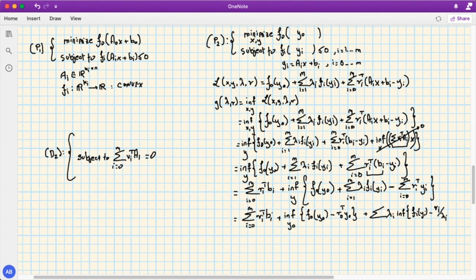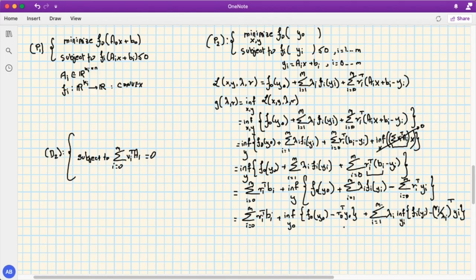Lambda i is a scalar, nu i is a vector. So this thing transpose multiplied by yi. This infimum is with respect to yi, and I'm summing from 1 till m.